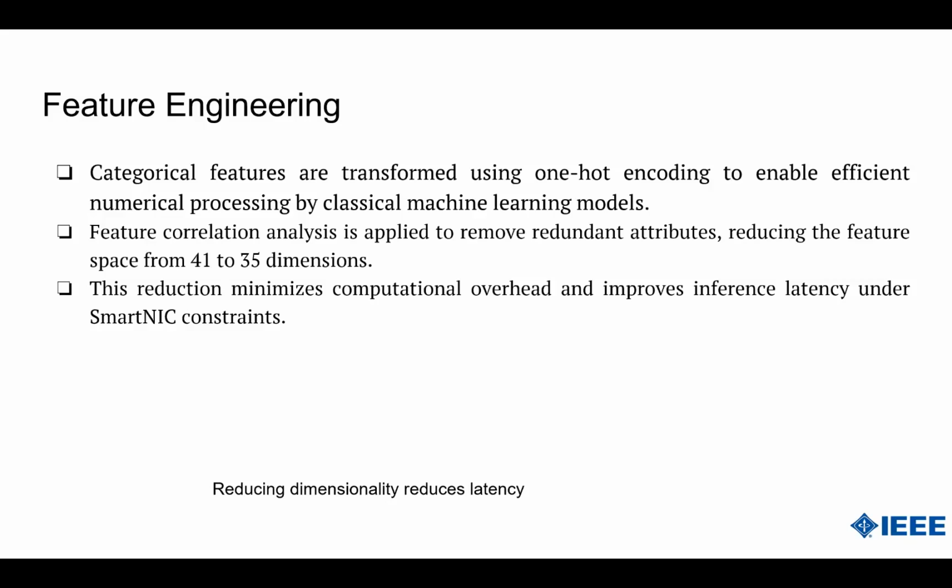Feature correlation analysis is applied to remove redundant attributes, reducing the feature space from 41 to 35 dimensions. This reduction minimizes computational overhead and improves inference latency under SmartNIC constraints. Reduced features help to reduce the latency.